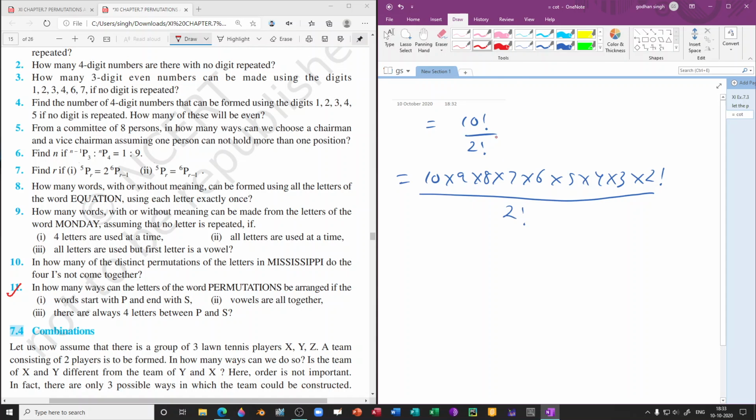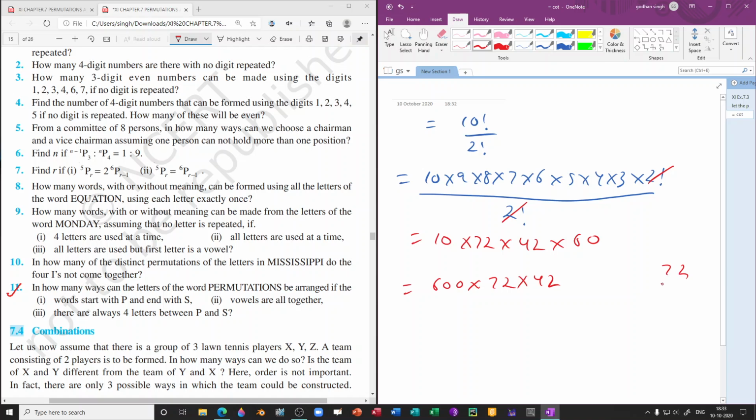So cancelling 2 factorial both in the numerator and denominator, now first let us solve. 10 will keep intact as it is, so 9 into 8 is 72. So 10 into 72 into 7 into 6 is 42. Then 5 into 4 is 20, 20 into 3 is 60. Then we will multiply 10 and 60, it will become 600 into 72 into 42.